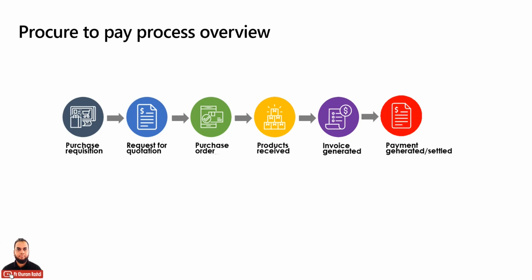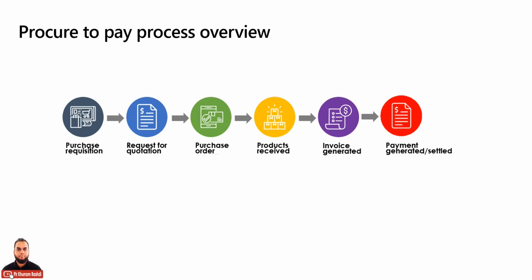Normally in companies, each department has a key person who raises purchase requisitions. All needs for services or items in the department are forwarded to this key person, who then raises the purchase requisition.